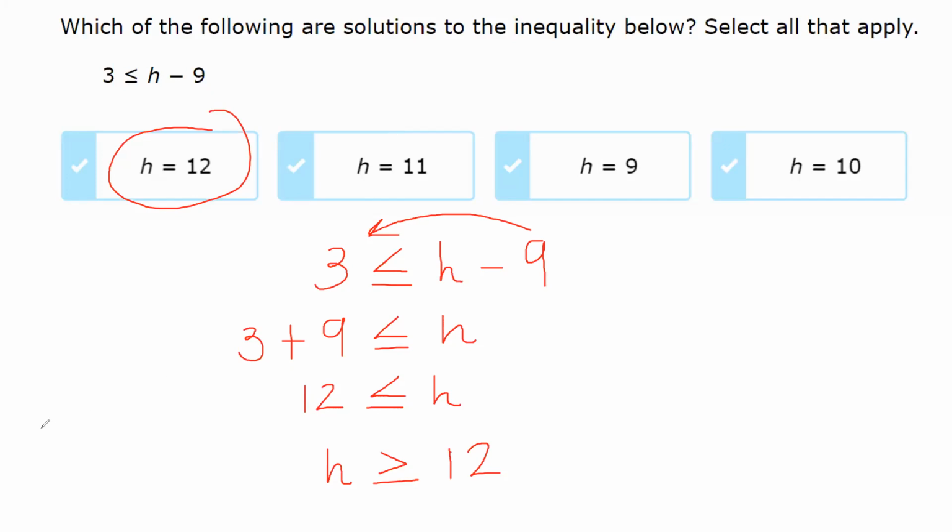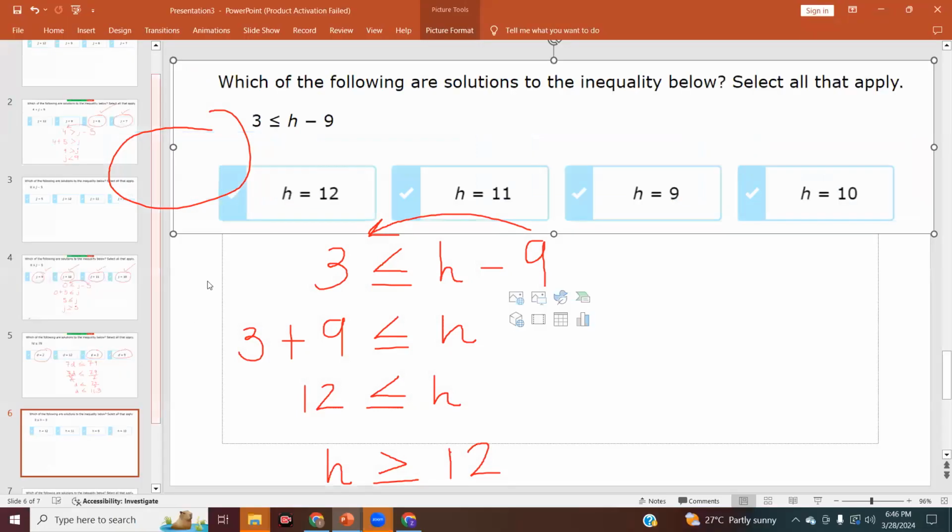Okay, so let me take a picture of this. That means that the only thing that's going to work for this one is going to be 12. So let's go ahead and erase our link.